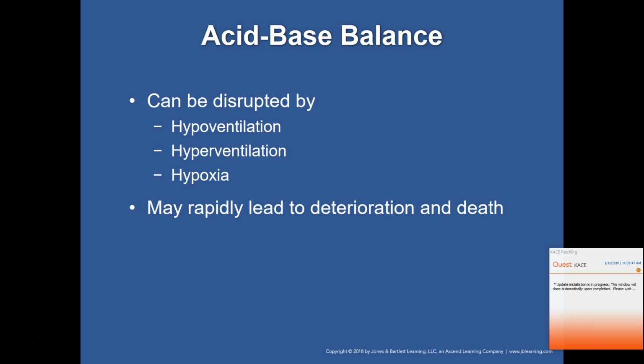The body deals with the excess of CO2 by trying to trap that CO2 into a molecule and creating a molecule of bicarbonate. So it'll take the CO2 with some water, and it'll try to grab that extra hydrogen and grab an extra molecule of oxygen, and it'll create H2CO3.